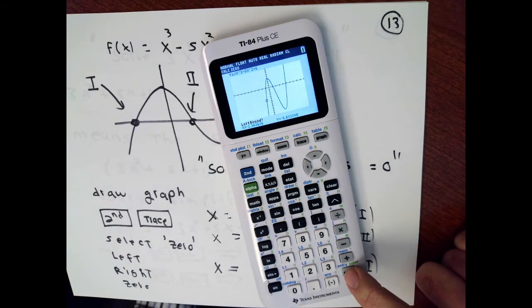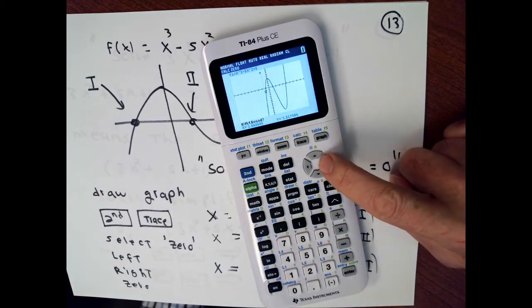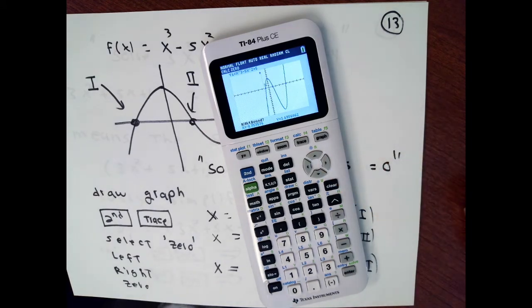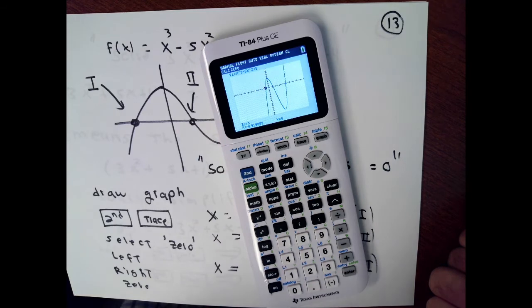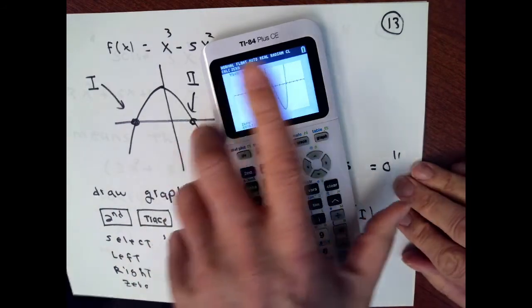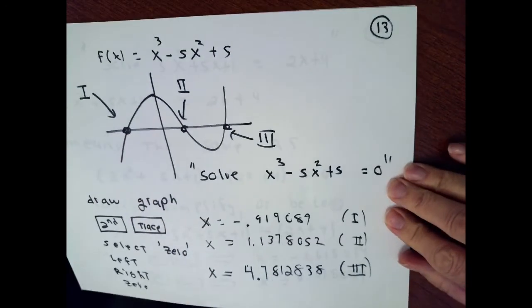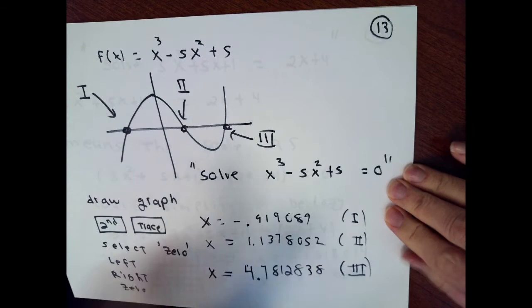There's my left bound. I'm now a little bit to the right of this first 0, and since I'm fairly close, I'll use that number as my guess. And very shortly it comes back and says x is negative 0.91 some odd. So this is the first root.